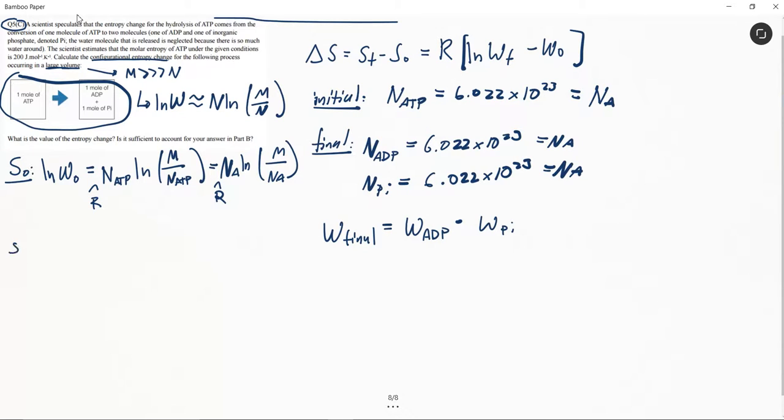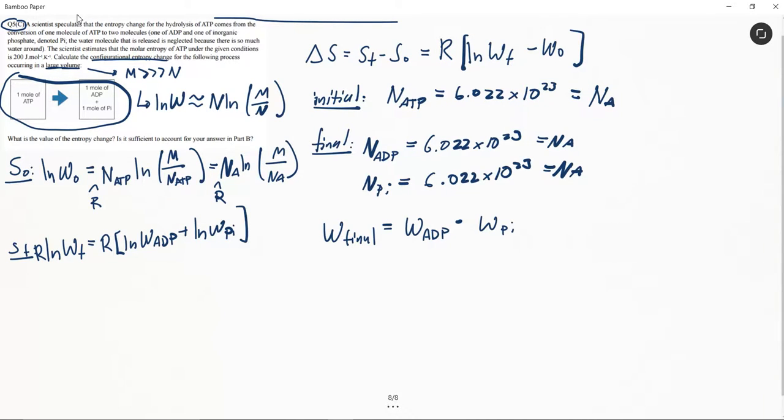So let's go into the final entropy as well. S final is equal to R ln W final, which is equal to R times ln W ADP plus ln W PI. Because these terms are multiplying, when we take the natural log it's just the sum of the natural logs.